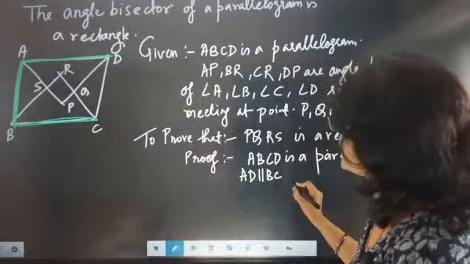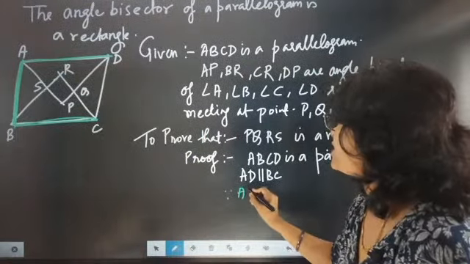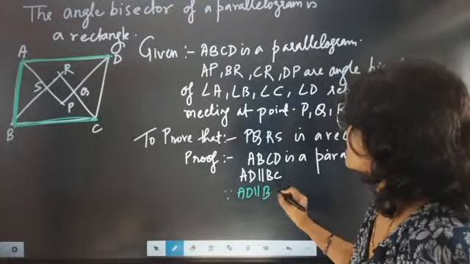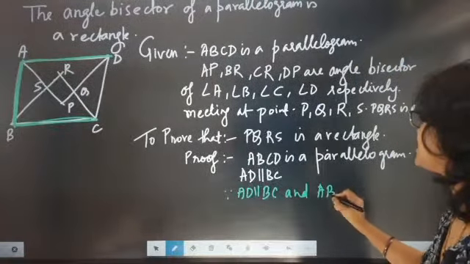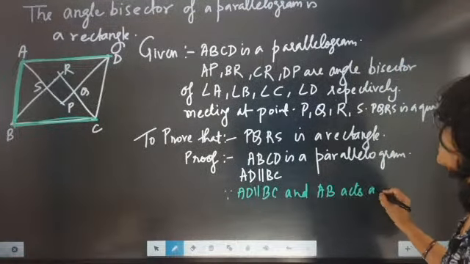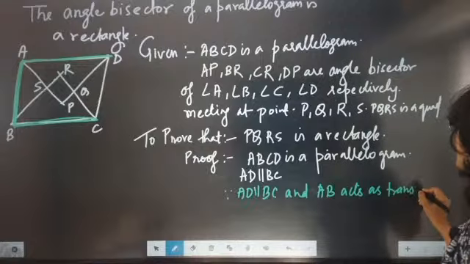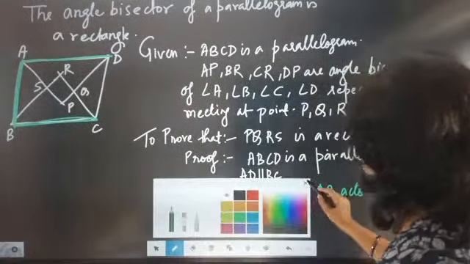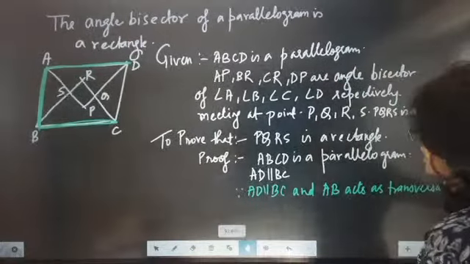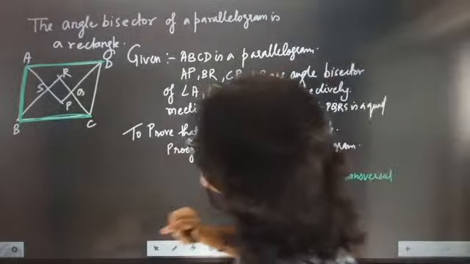So what I am going to write is that since AD is parallel to BC and AB acts as a transversal.